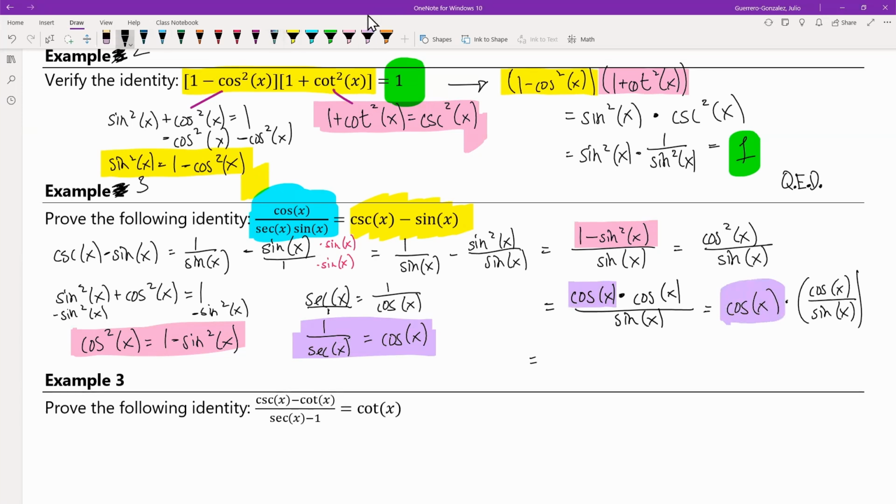This is now equal to, cosine is 1 over secant, 1 over secant of x times cosine of x over sine of x. And if I multiply this using multiplication of fractions, you guys hopefully see cosine of x over secant x sine x. And look at what we just did.